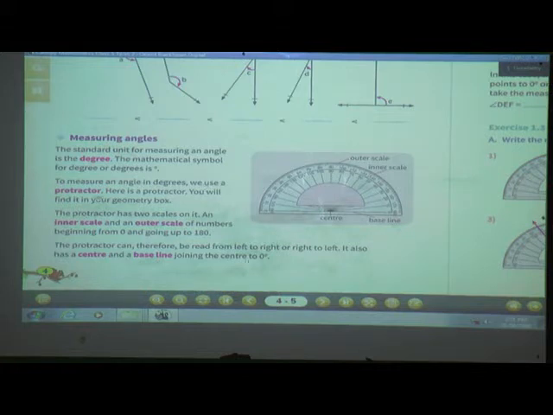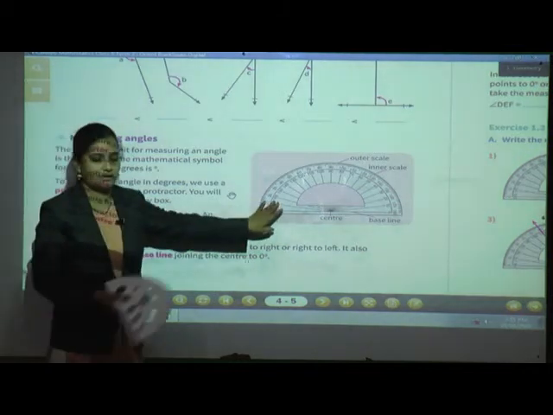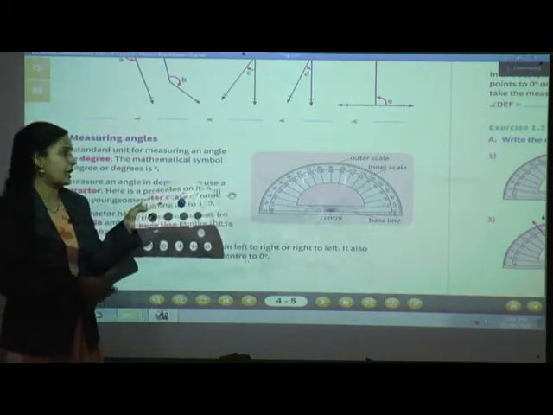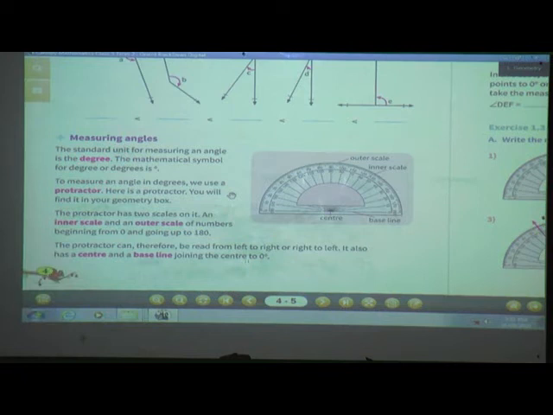To measure an angle in degrees, we use a protractor. See, here is a protractor. You will find it in your geometry box.